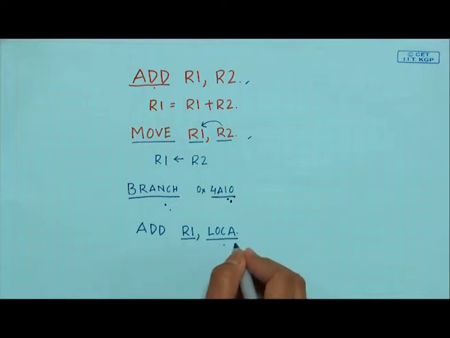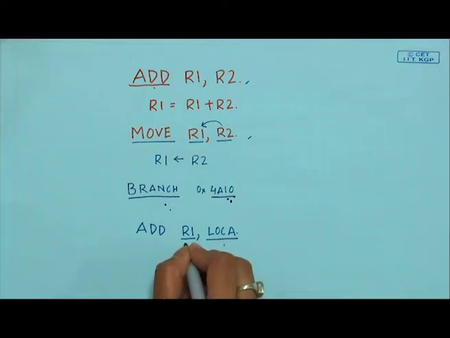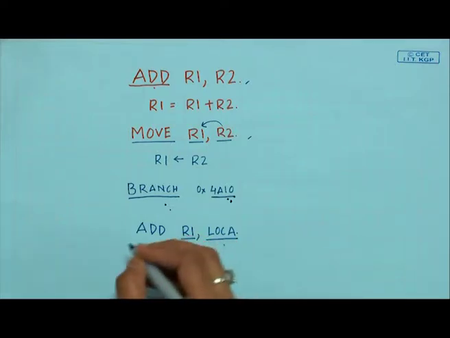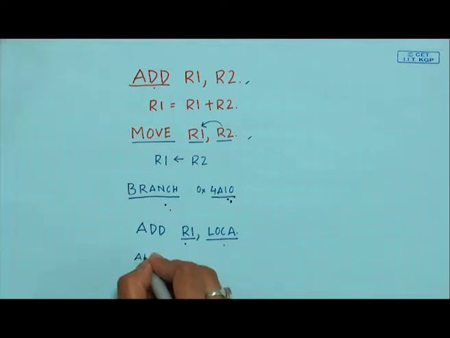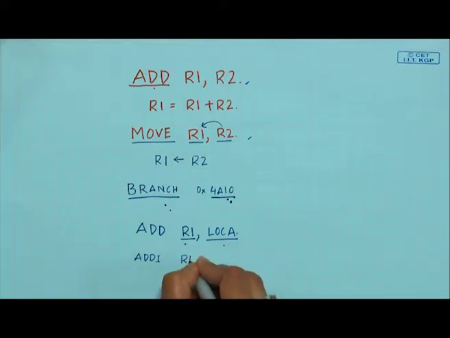So, an operand can be a register, a memory location, or I can also have an instruction called add immediate, where I am adding to register 1 some immediate value, let us say 10. This kind of operand can also be specified, but it cannot be the destination operand.